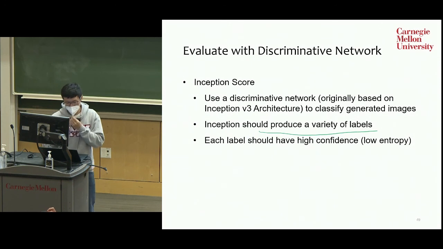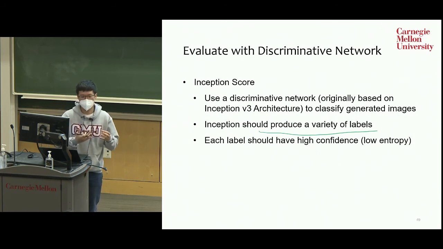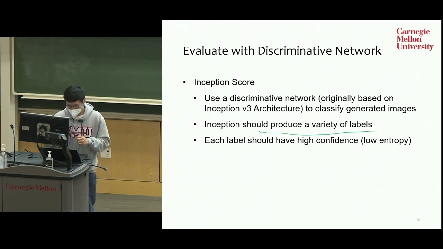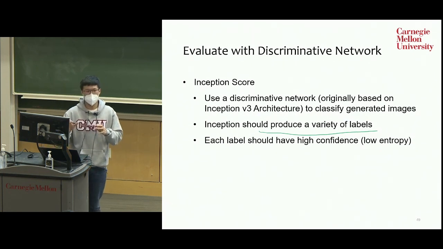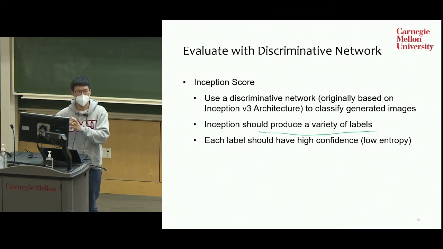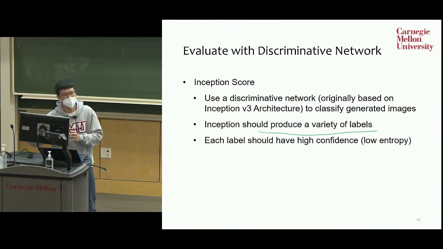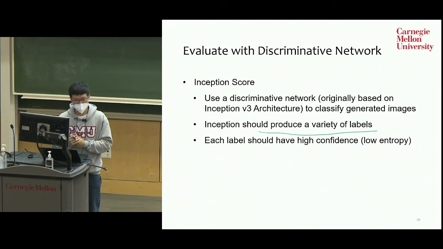So let's say you train a generator to generate images from ImageNet. Then your discriminative network should be able to produce labels for all 1,000 classes, or at least most of them, and not just one or two classes out of the 1,000. And each label should have high confidence or low entropy.